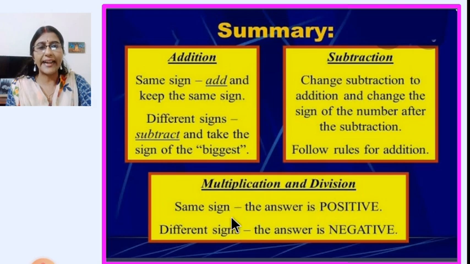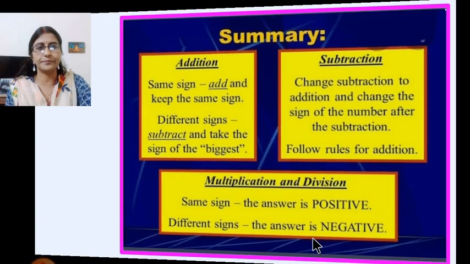And when we divide two integers of the same sign, the quotient is again positive. In case of multiplication of two integers of different sign, we get the product as negative. In case of division of two integers of different sign, we also get the quotient as negative. So this is the summary of the lesson which we have learned before.